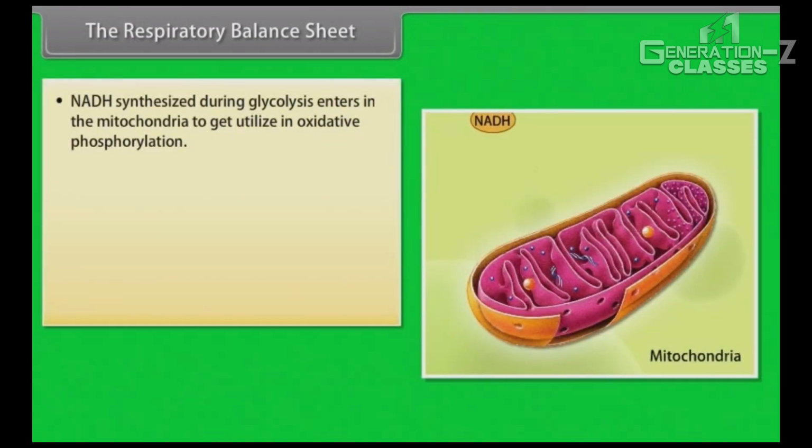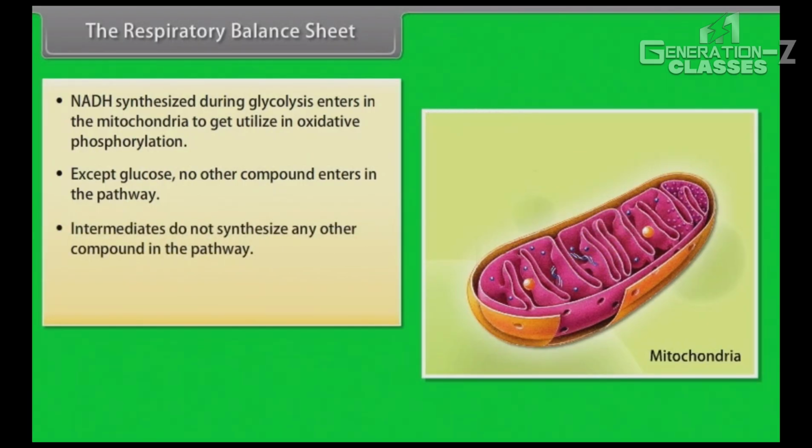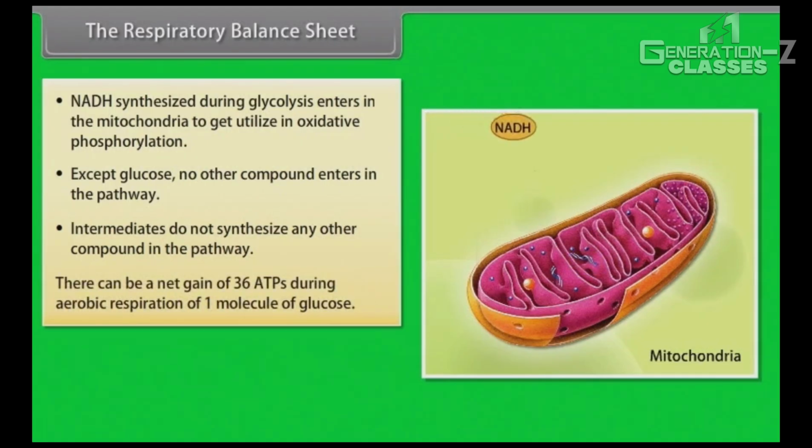NADH synthesized during glycolysis enters the mitochondria to get utilized in oxidative phosphorylation. Except glucose, no other compound enters the pathway. Intermediates do not synthesize any other compound in the pathway. There can be a net gain of 36 ATPs during aerobic respiration of one molecule of glucose.